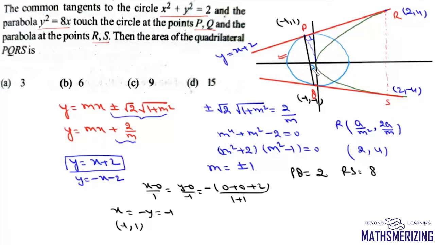And what is this distance? So this is suppose H. So H in this case is, it starts from minus 1 and goes to 2. So this is 3. So what is the area of this trapezium? Area of this trapezium will be half sum of parallel sides, which is 2 plus 8 into 3. So it should be 15 square units. So that's your option number D.